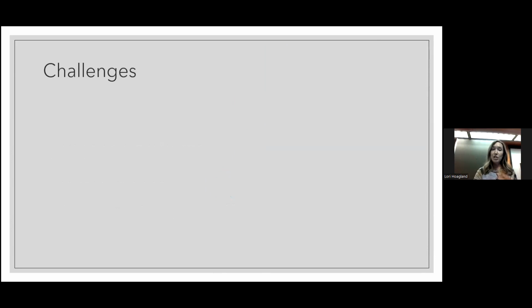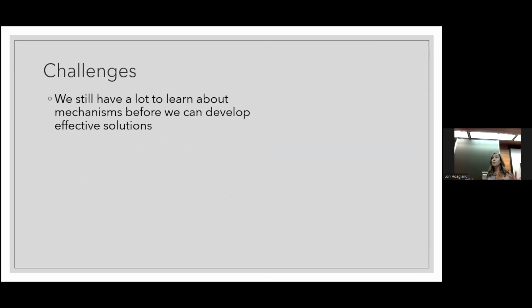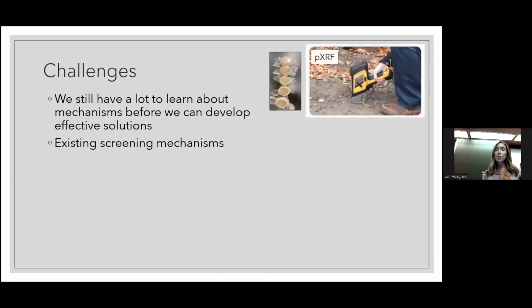Other challenges: we need to learn more about the mechanisms so that we can understand how to keep heavy metals out of plants. Another challenge is existing screening methods for metals. There are a number of ways now available to quantify heavy metals in soil.